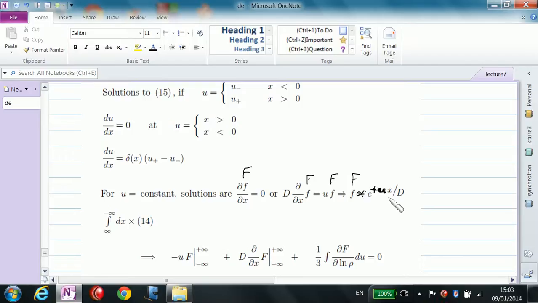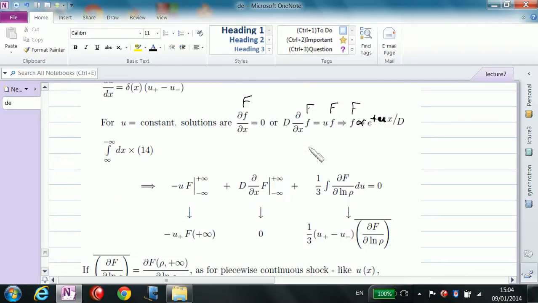The energetic particles are being accelerated at the shock, and infinitely far upstream we assume that there's nothing but cold fluid flowing in. So we pick this solution for negative x and this solution for positive x.